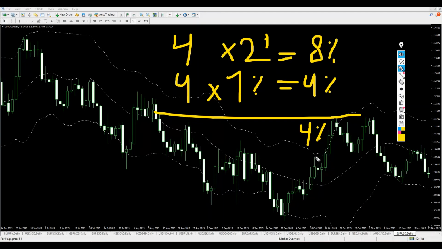4% a month for, let's see, 12 months, that makes something about 60 to 70% return, and this is a fantastic return for your investment. Nothing will give you this kind of return at all.